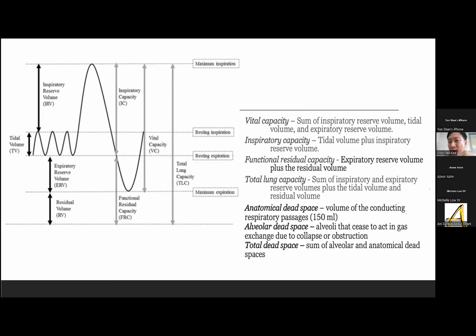You might be falsely reassured that you have been giving a good tidal volume.